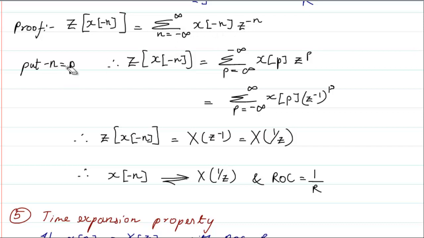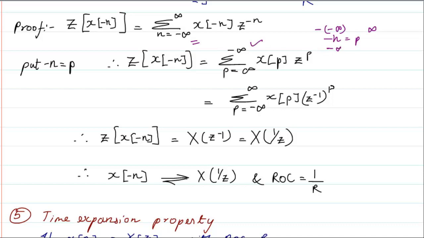So if I put minus n as p, then the limit of minus infinity, if I put minus infinity here, it will be minus of minus infinity, so the limit will become plus infinity, and plus infinity will become minus infinity. So that is what has happened here.